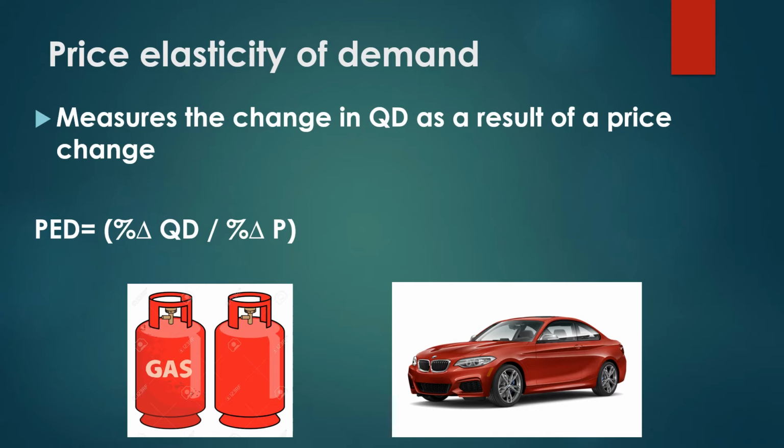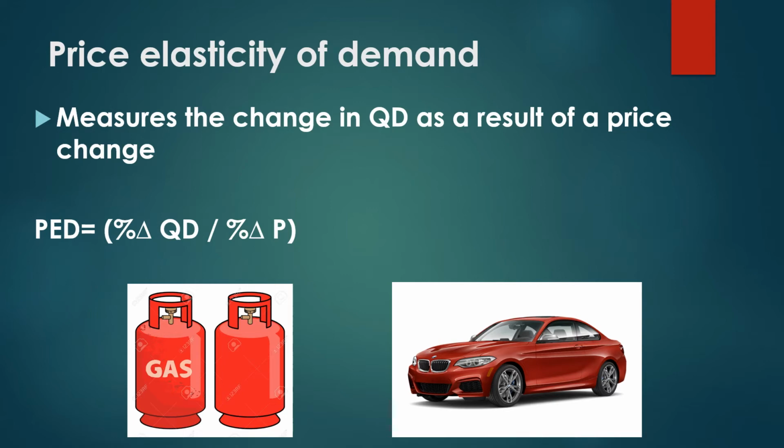The way that we are going to calculate price elasticity of demand is it is equal to the percent change, delta, the triangle there, is change, the percent change in quantity demanded divided by the percent change in price. Percent change is a really important thing to note. It's not the change in the absolute whole number, it's the percent change for each of these. So make sure that you have that written down properly.